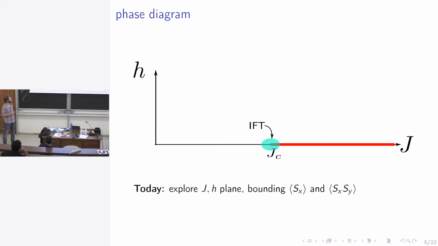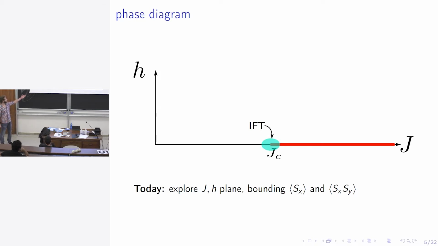Now, here in the vicinity of the critical point, well, I drew it as a finite vicinity because I don't know how to draw an infinitesimal vicinity, but this is a scaling limit. We have the Ising field theory, which is the non-trivial field theory you get by starting from the Ising CFT and deforming by a generic combination of the two relevant operators that you have.